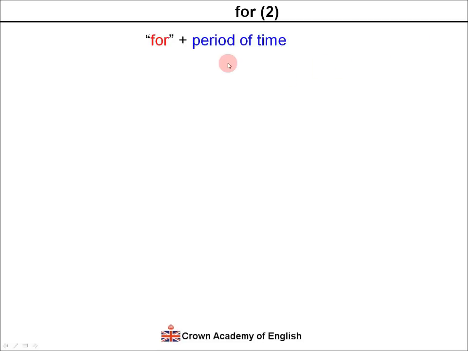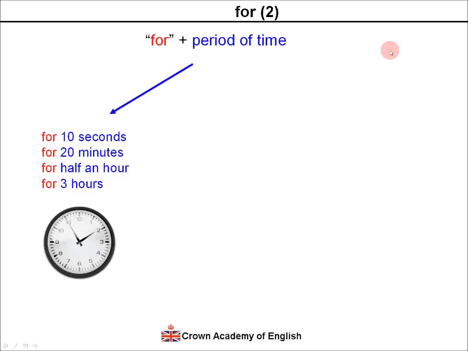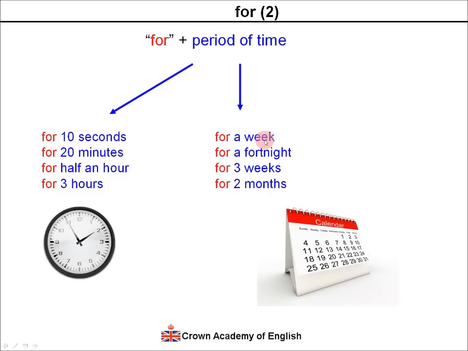So what are the periods of time? Well, here are some examples. 10 seconds, 20 minutes, half an hour, 3 hours. For a week, for a fortnight. Fortnight is a period of 2 weeks.